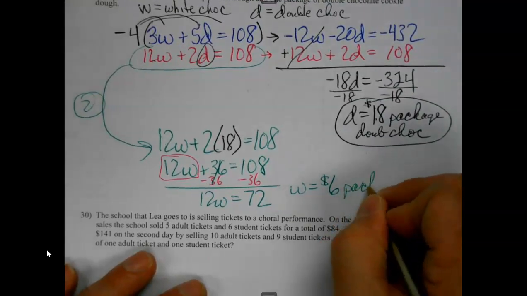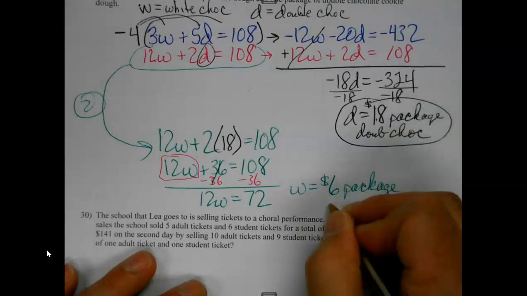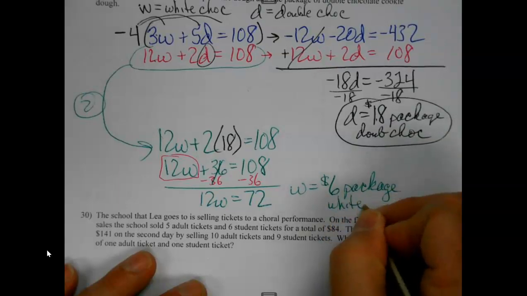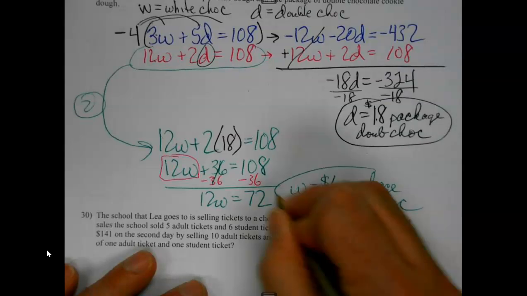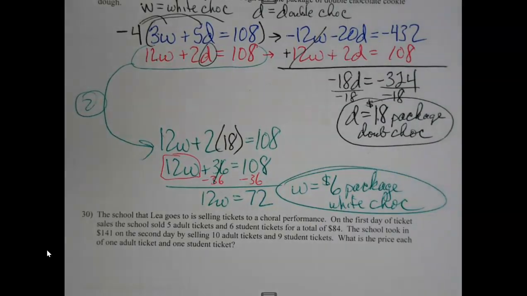Because the white chocolate, I'm in it at $6 a package. So really the only addition here is you creating the equations, which you get straight from the sentences. No weird ones are going to come your way. They're going to be very straightforward, just like this one was.